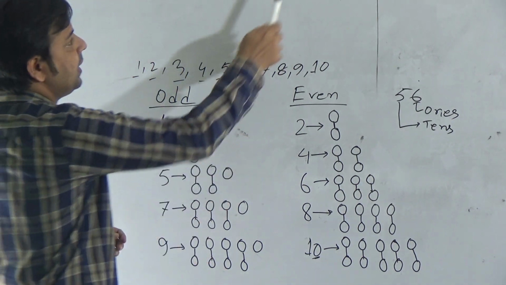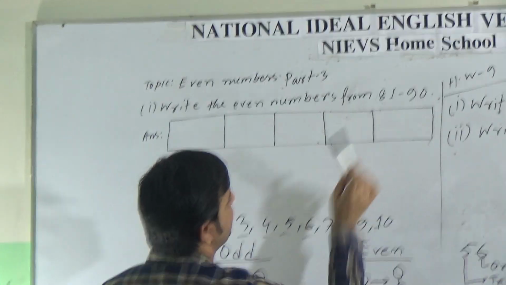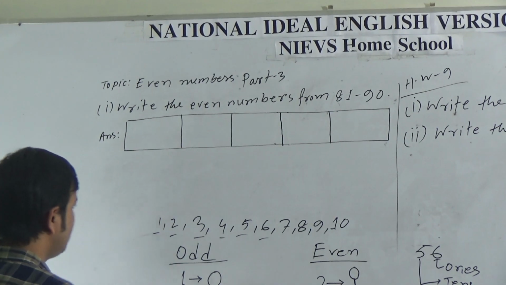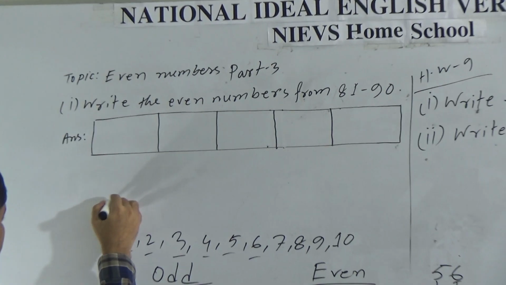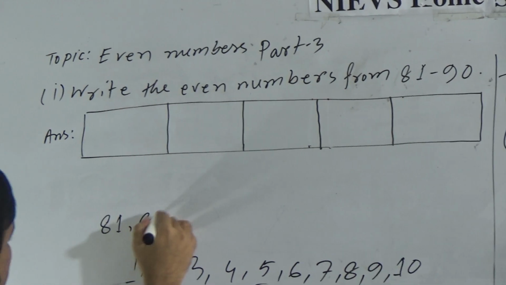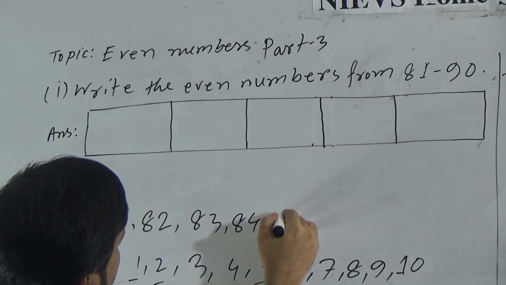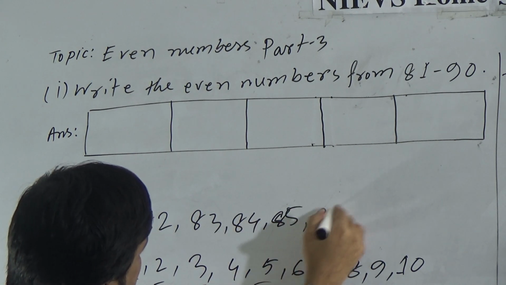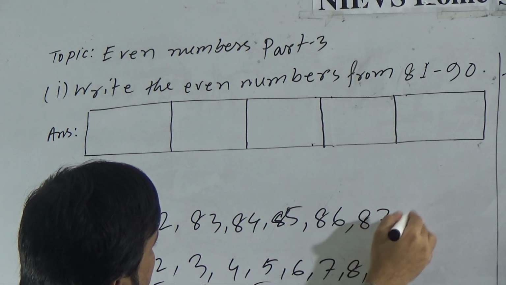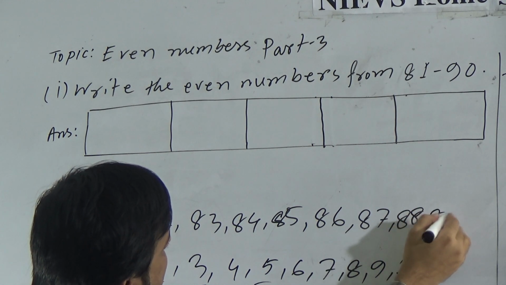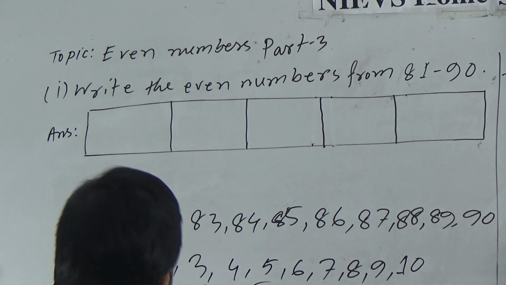Now I have to write the even numbers from 81 to 90. So see the numbers from 81 to 90: 81, 82, 83, 84, 85, 86, 87, 88, 89 and 90.